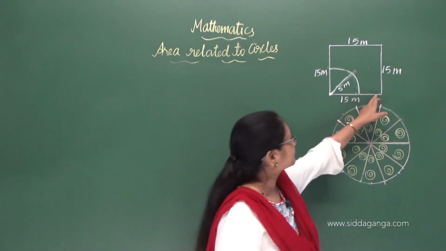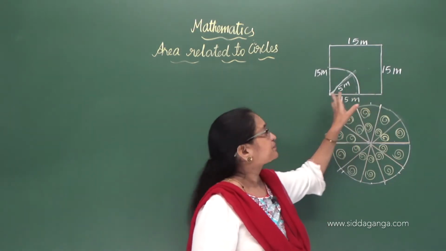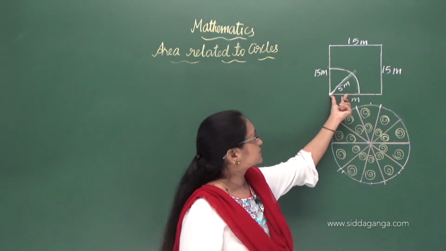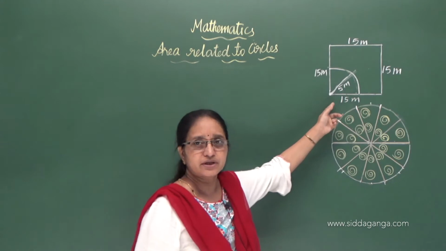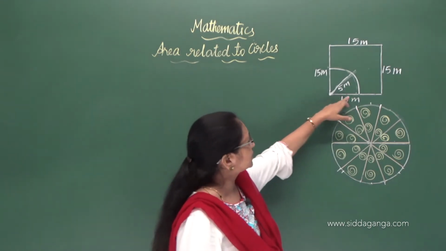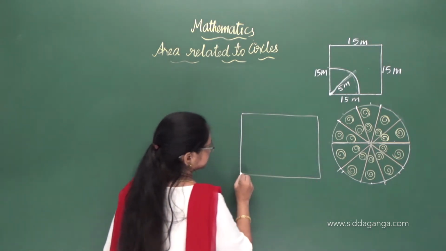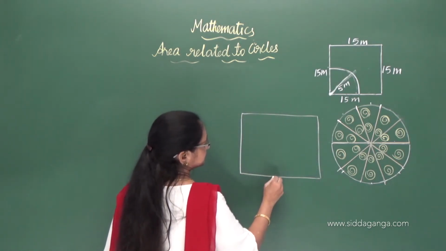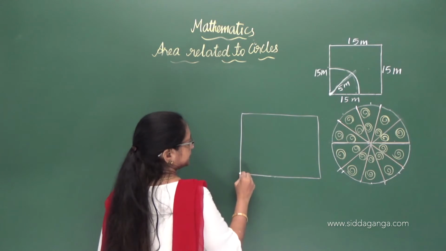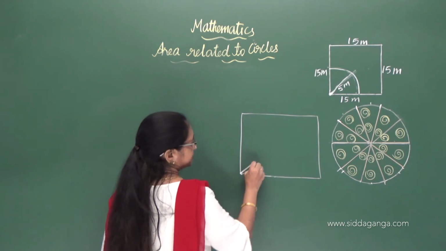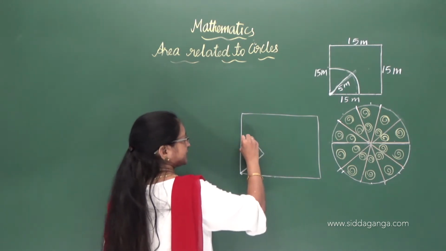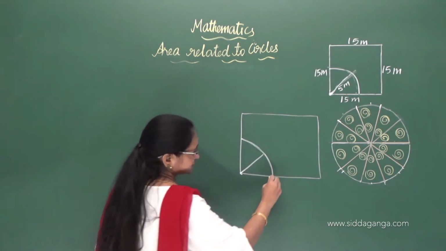Since this side is 15, 5 meter means only this much it will be. I have drawn it like this so that you can see. The rope is tied here, so it can go either like this or come like this.